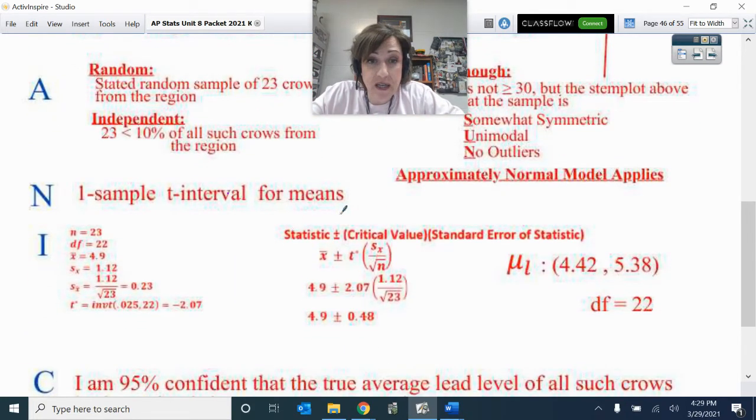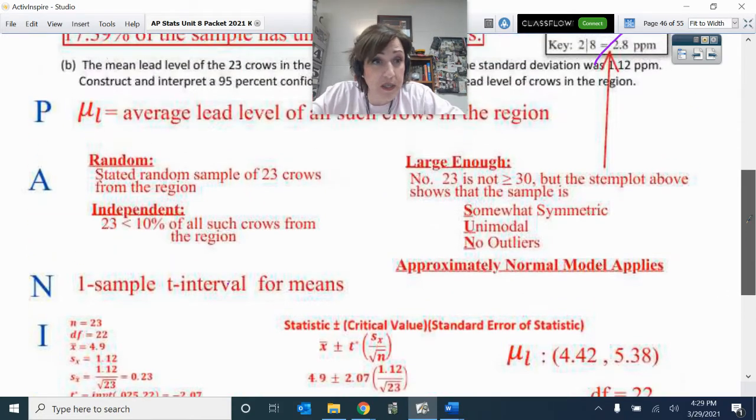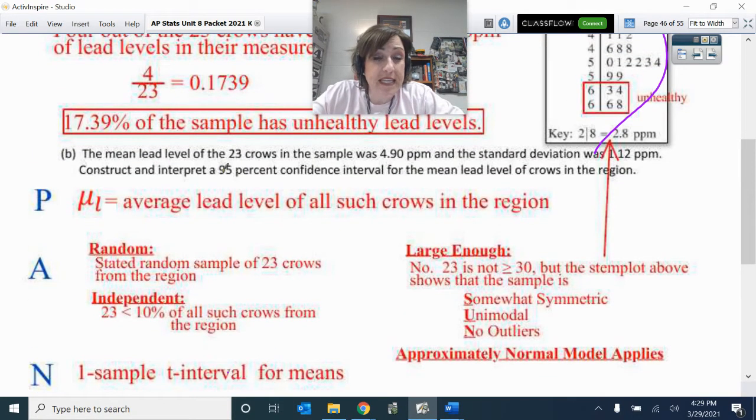It's your statistic plus or minus your critical value, that's based off of the confidence level, times the standard error of your statistic, which is s_x over the square root of n. So this x bar, that's your sample mean of 4.9, plus or minus t star, the critical value based on how confident we are going to be, which they tell us to be 95% confident.